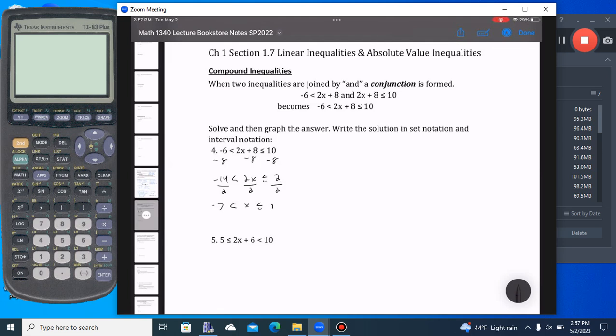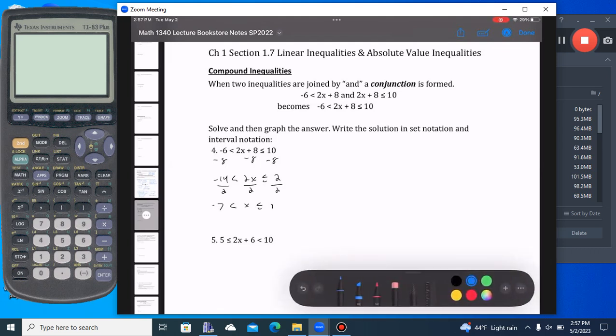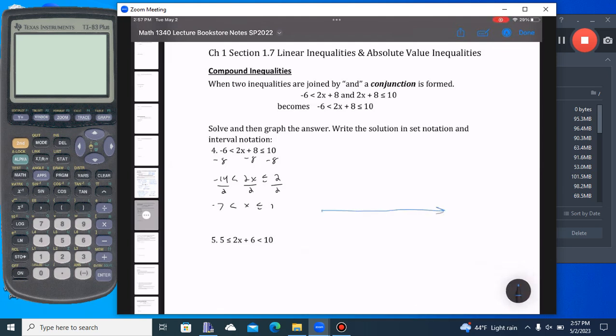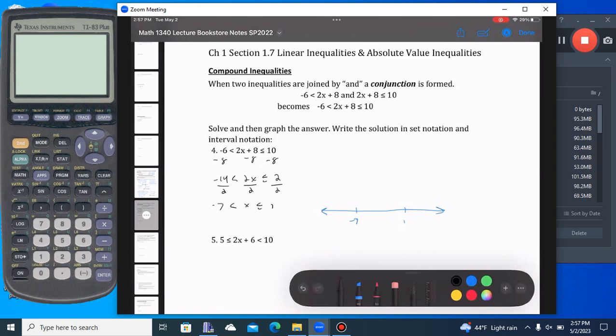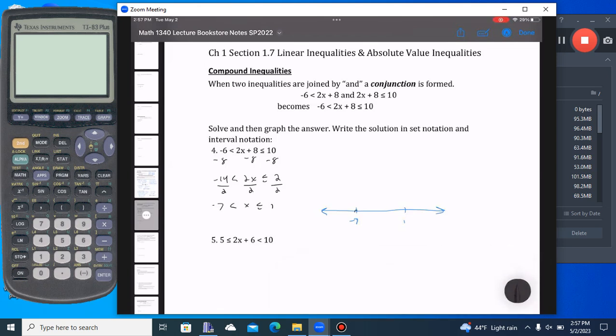That's your region, and it's a middle section of a graph. So when we graph this, negative 7, 1, you're graphing the middle section, everything in between. So open circle at negative 7, closed circle at 1, and everything in between.